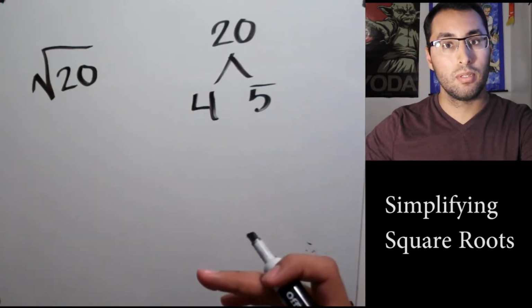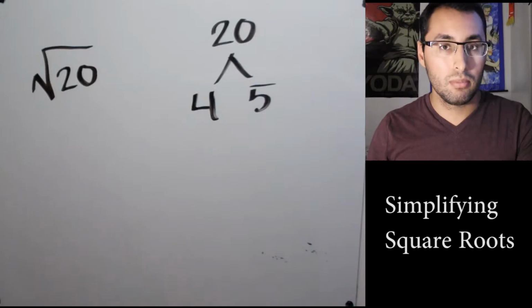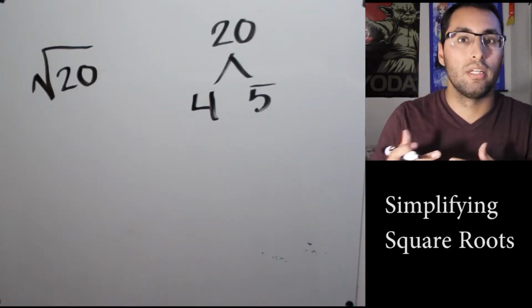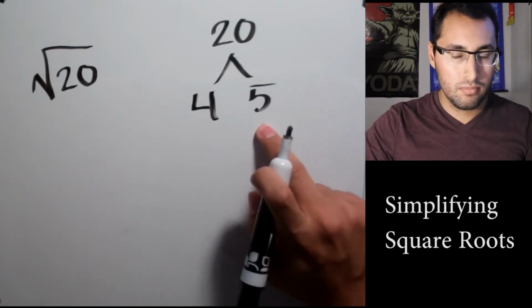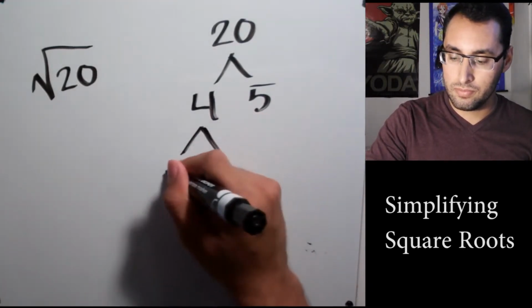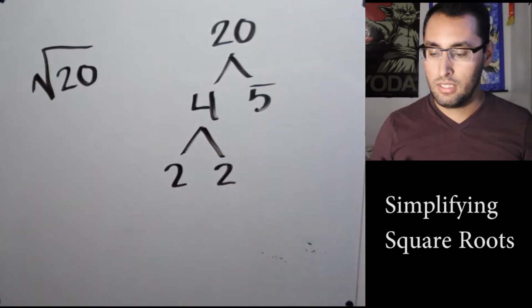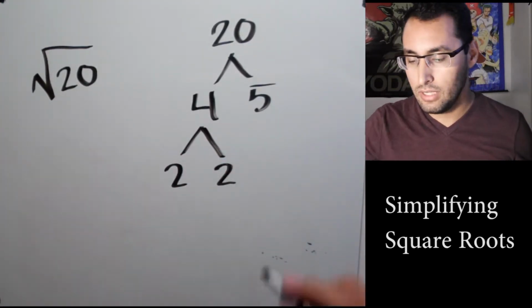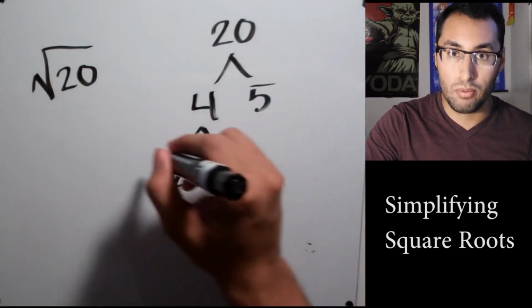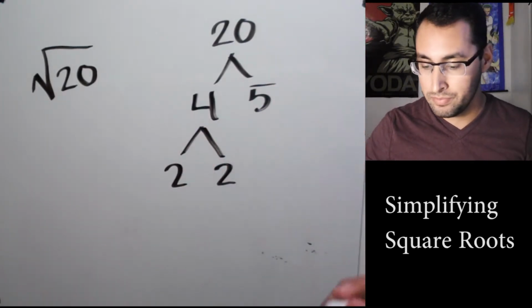You want to make them primes. Prime numbers are numbers whose only divisors are 1 and itself. So 5 is prime, but 4 isn't. I can multiply 2 times 2. Everything is simplified, so I'm looking at 2, 2, and 5, the ends of the branches of our factor tree.